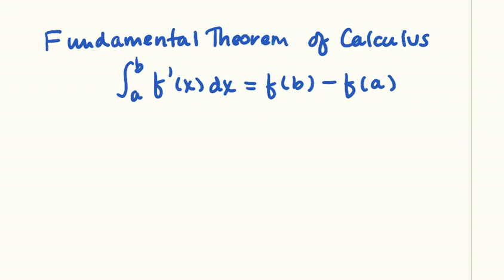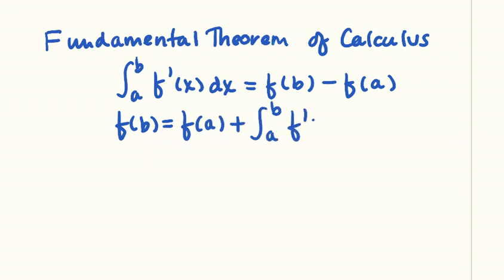We're going to add f of a to both sides, so we have f of b equals f of a plus the integral from a to b of f prime of x dx. I really like this form because it calls back to the idea that the end value is given by the starting value plus the accumulation of some rate of change.